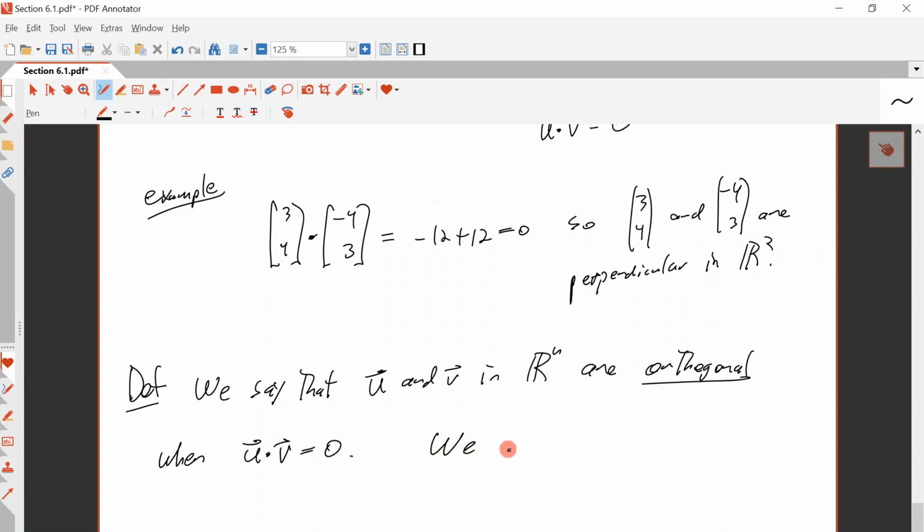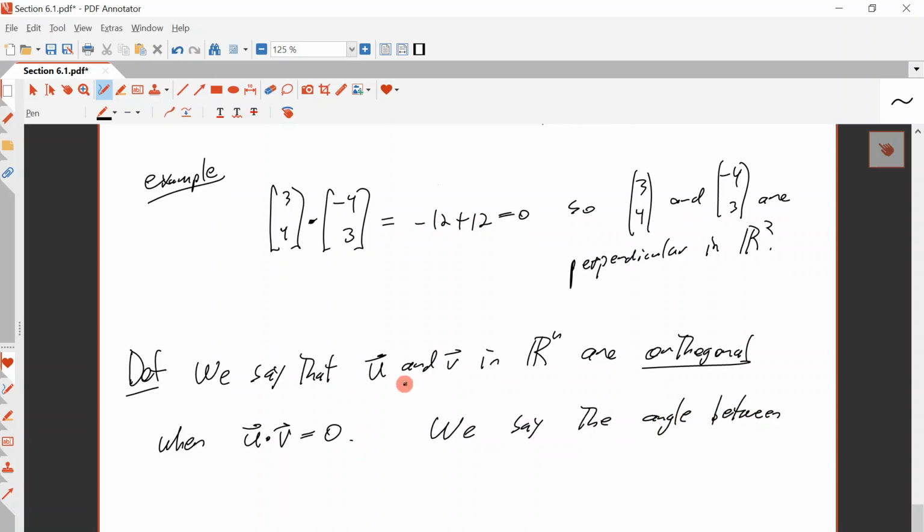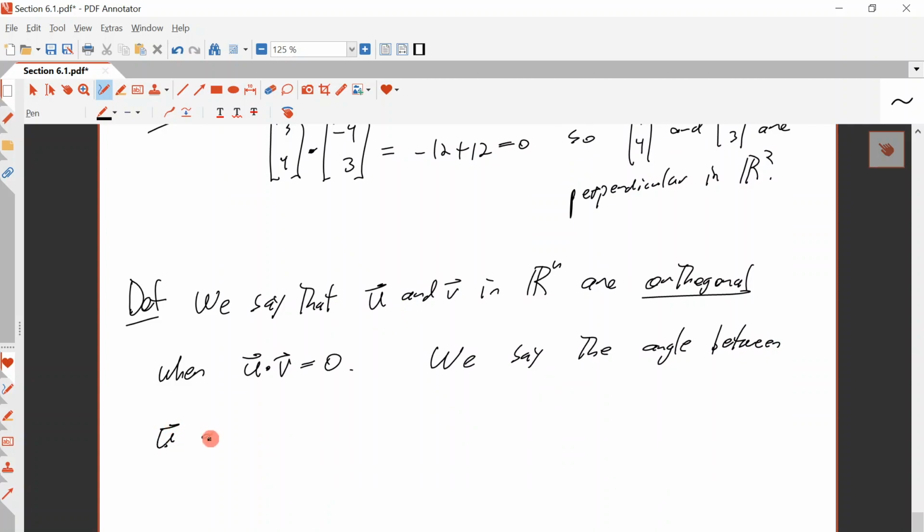We say the angle between u and v satisfies cosine theta is equal to u dot v over length u length v.